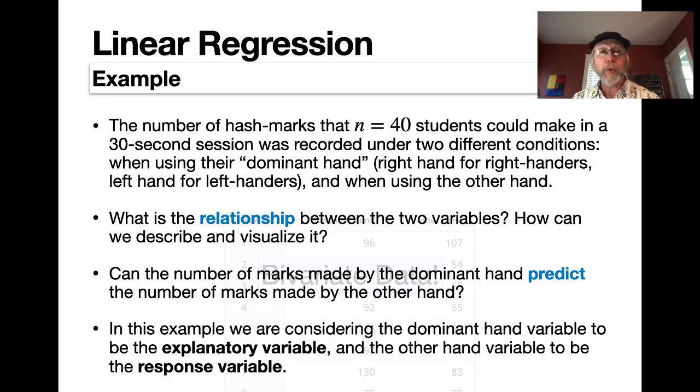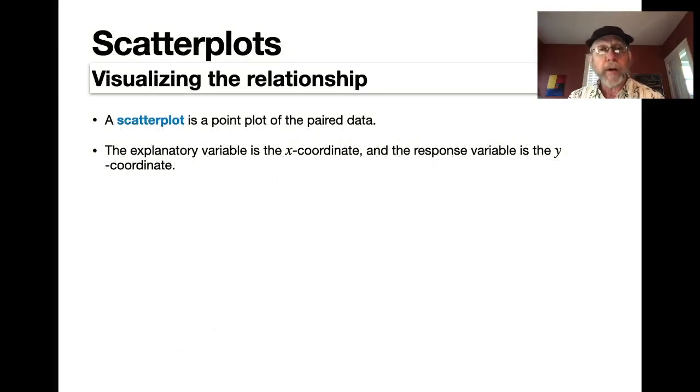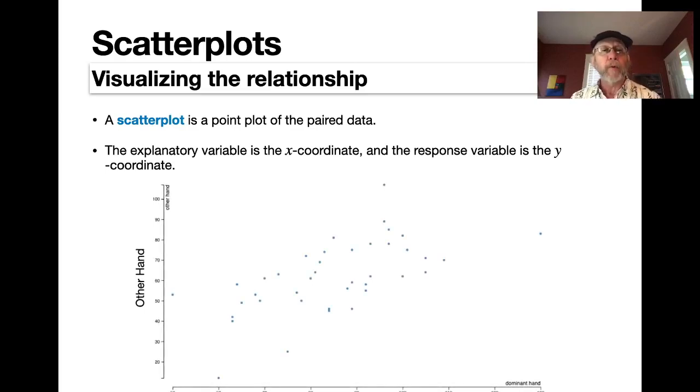So how can we visualize the relationship between these two variables? Well, for quantitative variables, a scatter plot can be used to visualize the relationship. Here you see the scatter plot for our dominant and other hand data. And a scatter plot is simply a point plot of the data values.